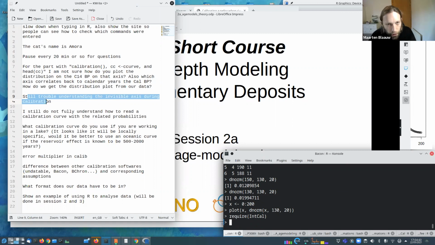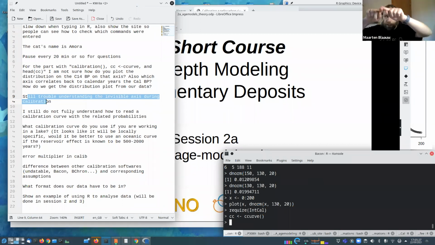If I want to have a look at the main calibration curve, the IntCal20 terrestrial calibration curve, I can make a new variable, in this case CC, calibration curve, and assign to that the function ccurve, open bracket, close bracket. Now I have this variable CC, which contains all the data of the curve itself.